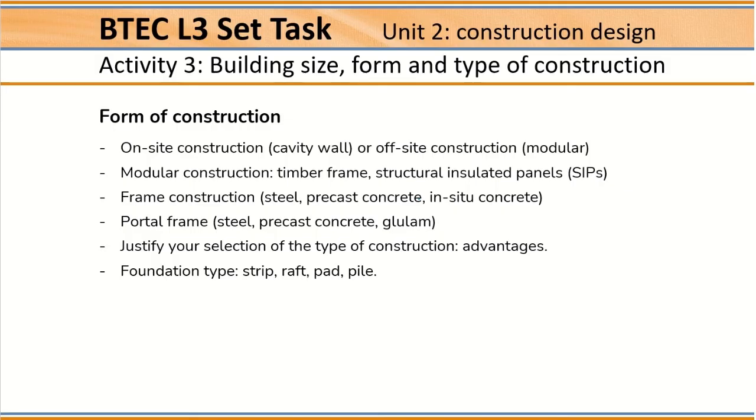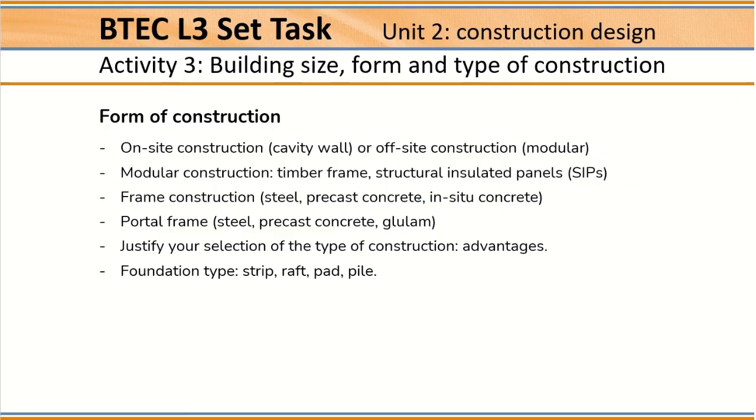You could also be using frame construction made out of steel, precast concrete, or in situ concrete. Only in the case you have a type of building where you need long spans, which means long distances between supports, like for example a warehouse, you can use portal frame made out of steel, precast concrete, or glulam.